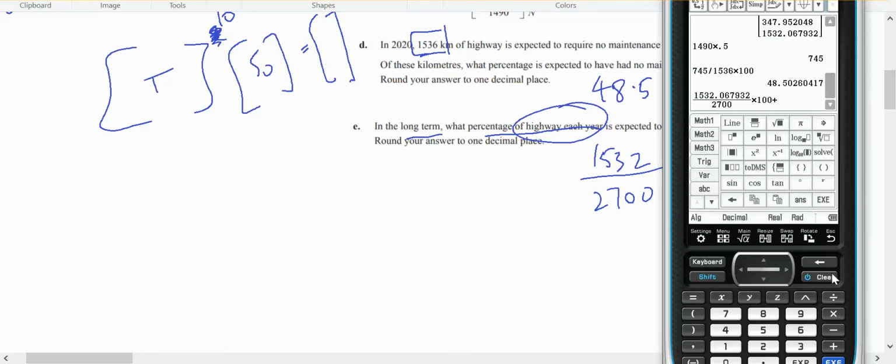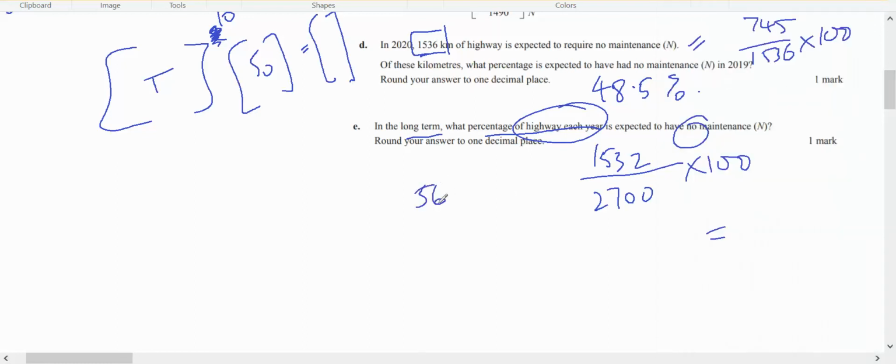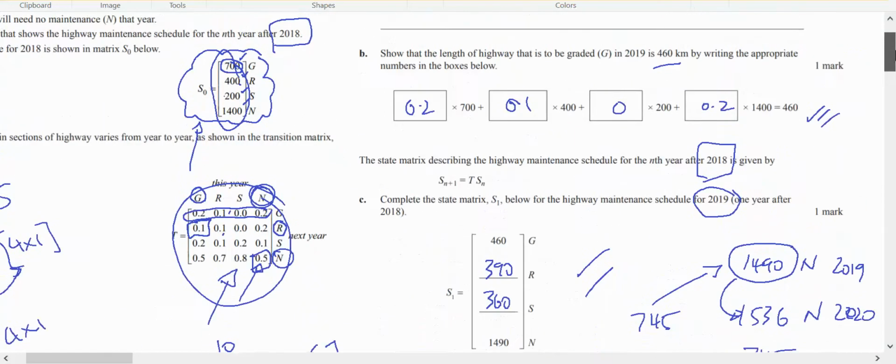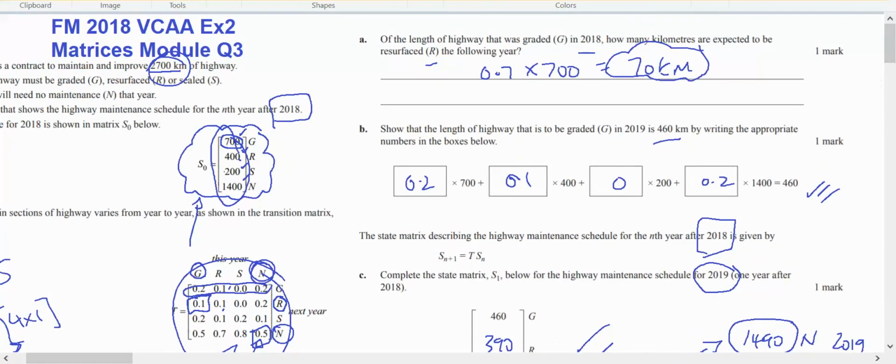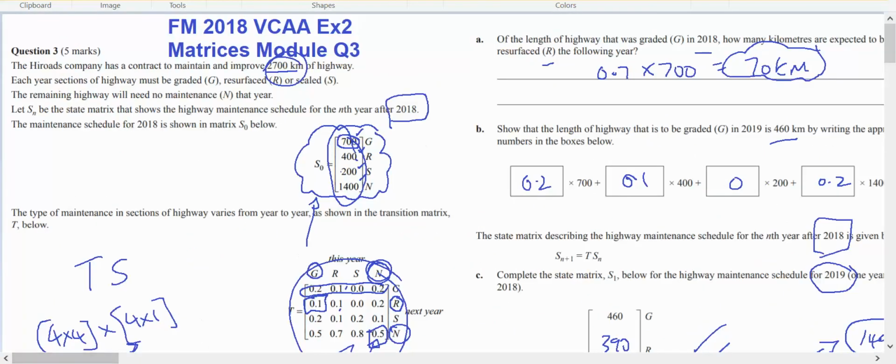And that gives me 56.7, and after the 7 it's a 4, so 56.7%. Okay, so that's how you can do your matrices questions concerning transition matrices.